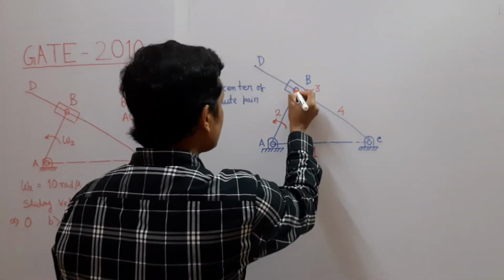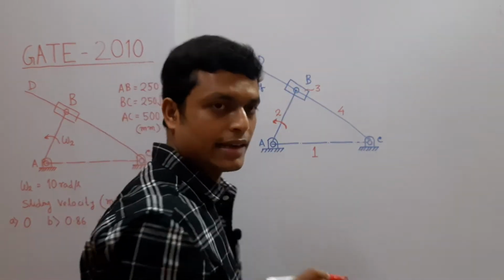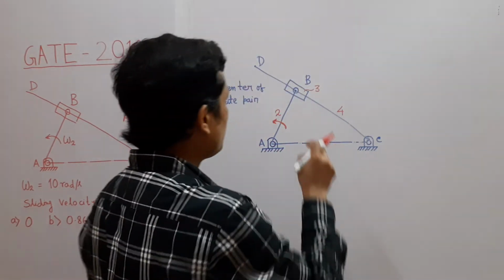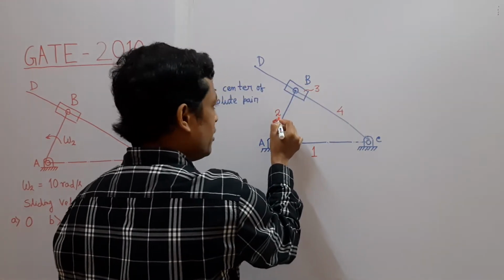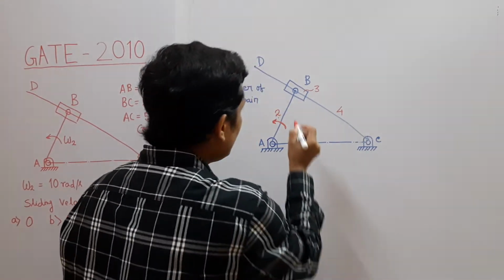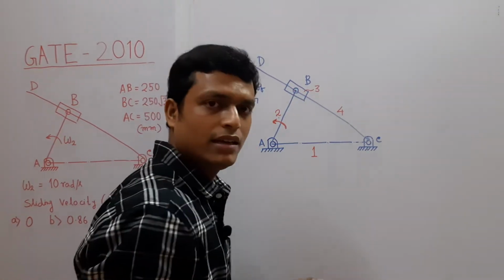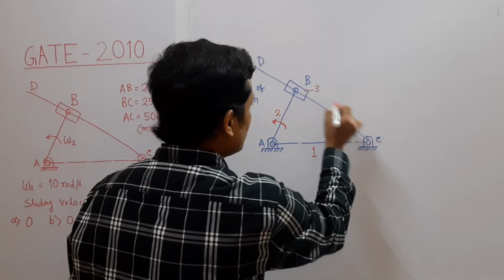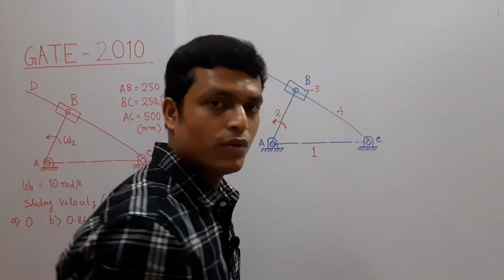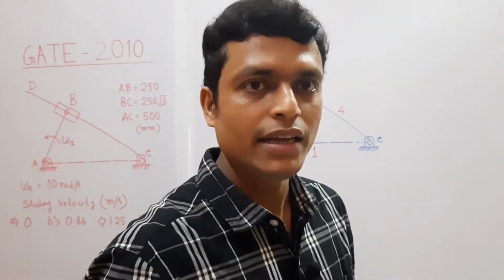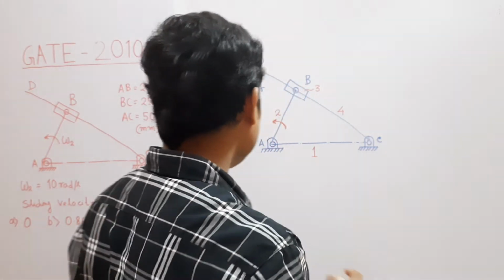Now B is the center of revolute pair, so point B lies on link number 2, as well as it lies on link number 3, and as well as it lies on link number 4. So here exist 3 instantaneously coincident points.